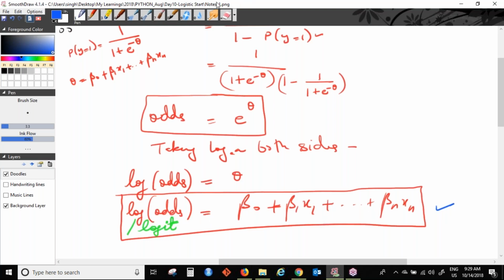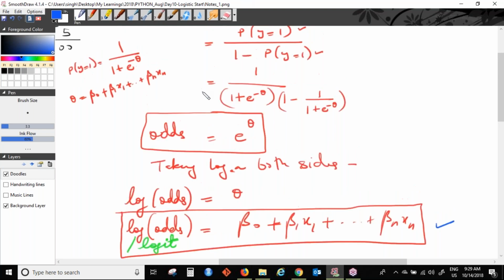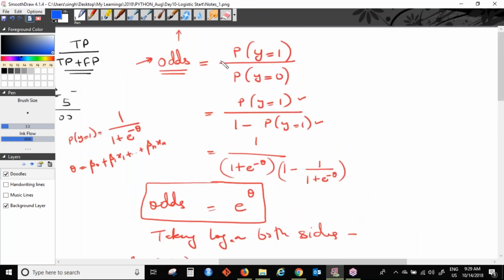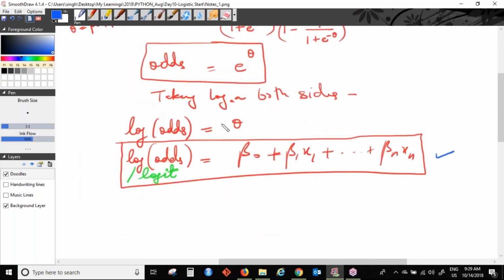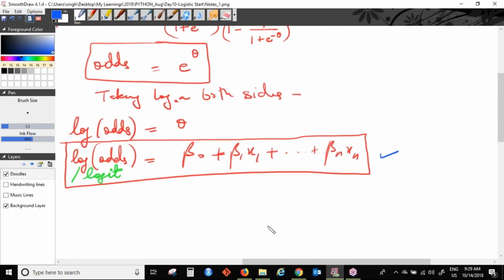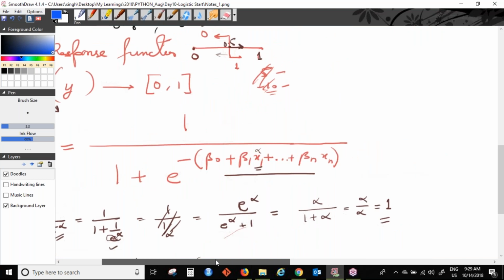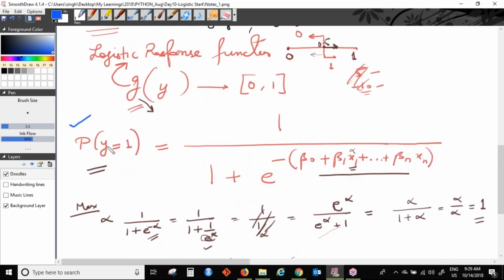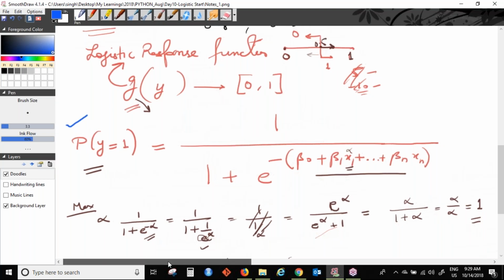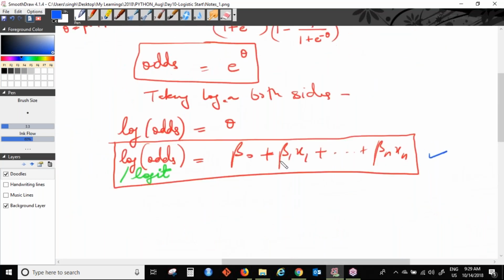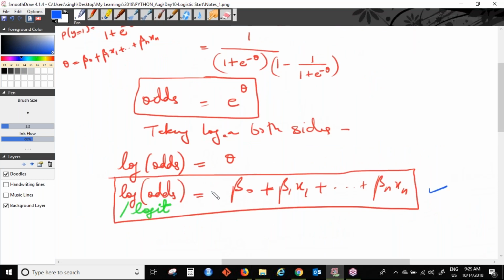This is another form of writing the logistic response function or logistic regression equation. But we will mostly be using the other one because we want probability as output. We don't want log of odds, we want probability of y is equal to 1. We don't want log of odds, but you should know this.